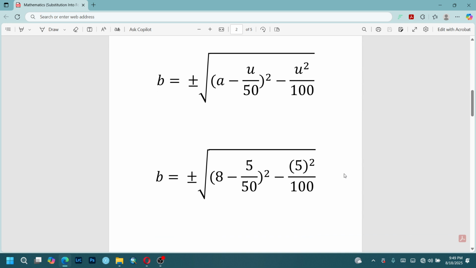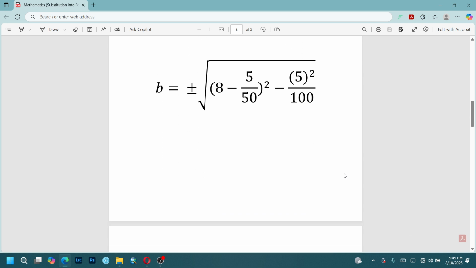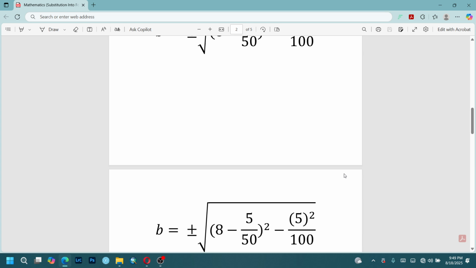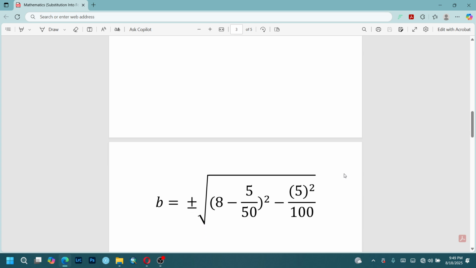So, simplifying the equation, here 5 squared is giving us 5 multiplying 5.